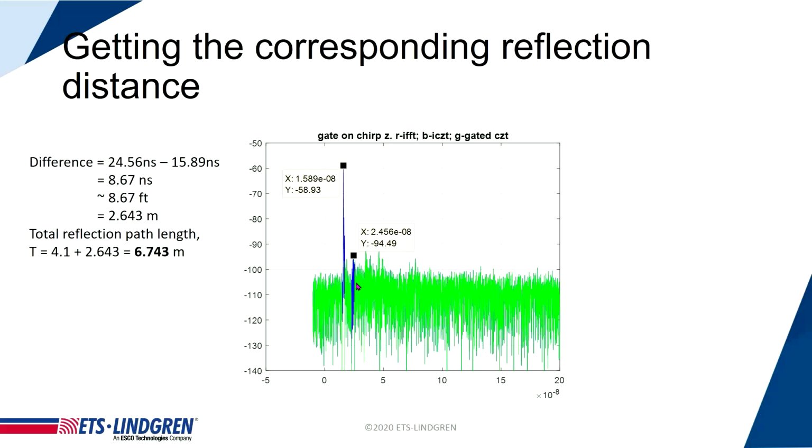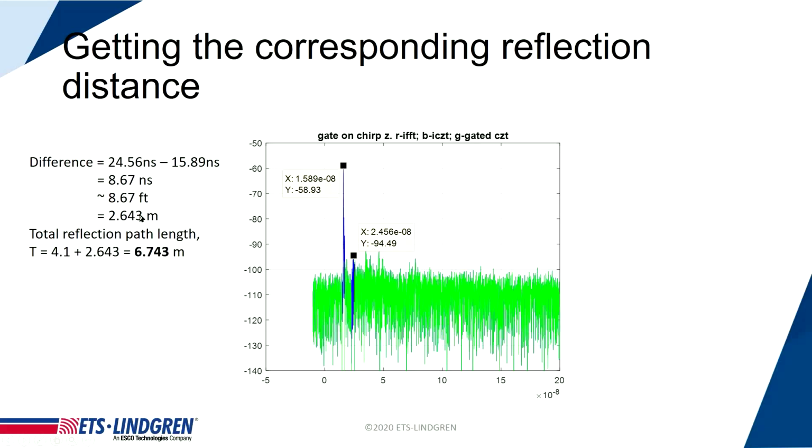In this case, you can see that the reflection that would make the chamber fail or pass is actually this reflection at 24.5 nanoseconds. The difference between the main antenna-to-antenna response and the reflection that we need to take care of is about 6.7 nanoseconds, and that is roughly 8.7 feet.